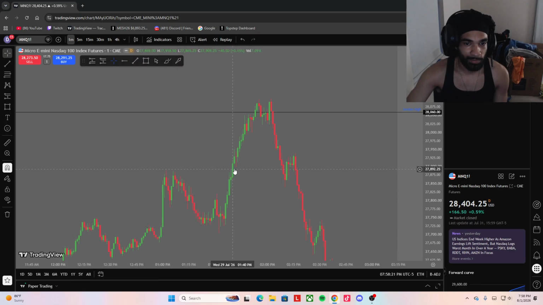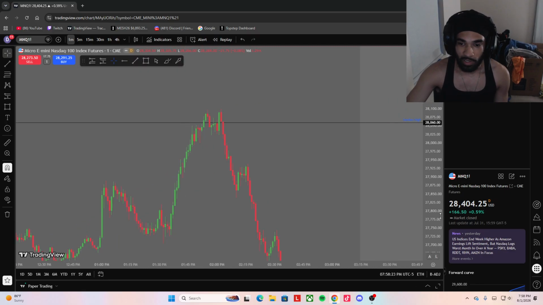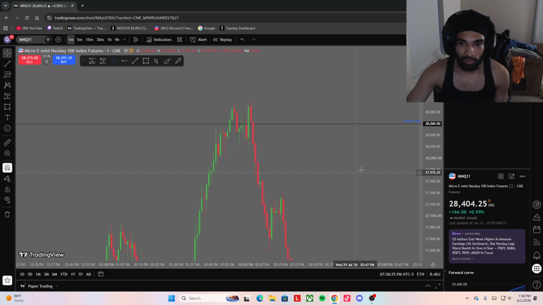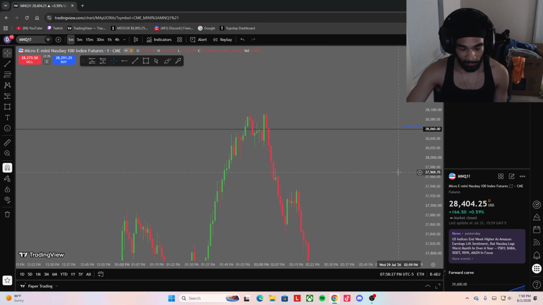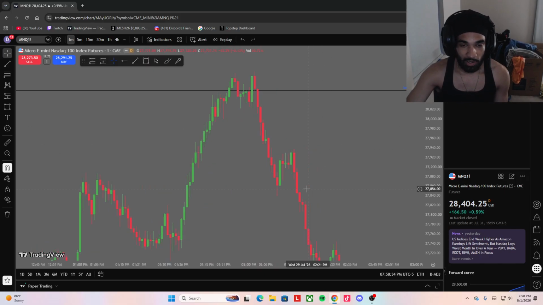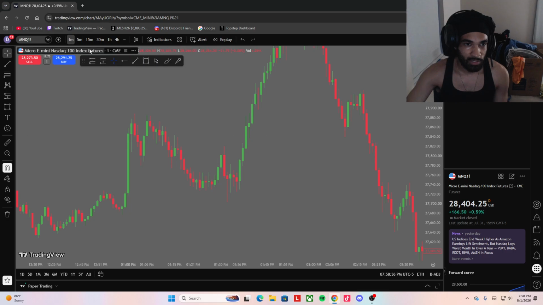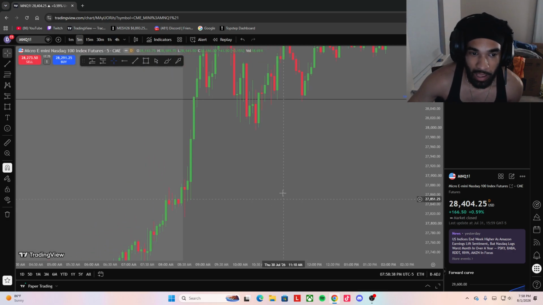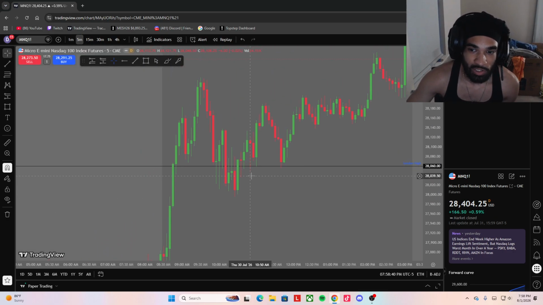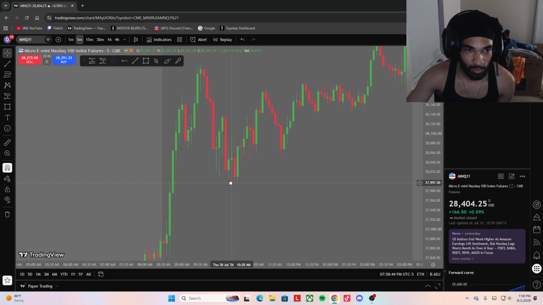So that's what the two confidences are: breaking structure and inverse fair value gap, or a fair value gap being respected. Fair value gap being respected just shows it's probably going to continue in the same direction, right? So let's get rid of this high because that was old. This is new.